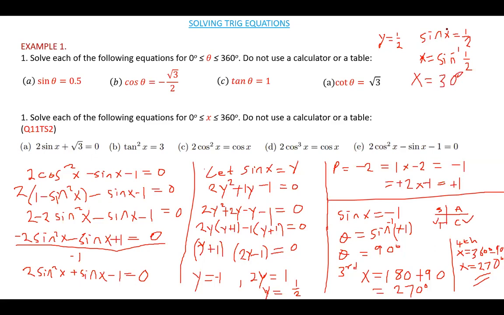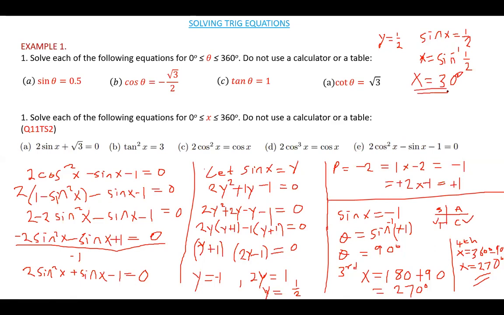And then since our sine x here is a positive number, it simply means that sine is in the first and in the second quadrant. In the first quadrant, you just get this same value here.